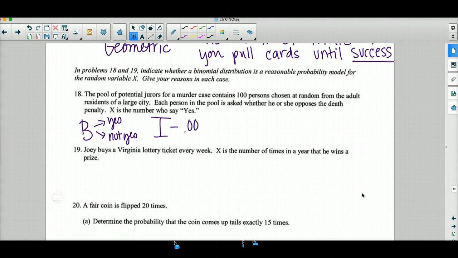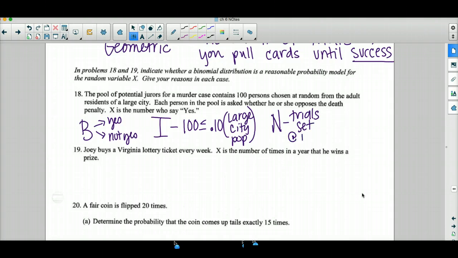Okay, but I am sampling from a population. Could you say that 100 is less than or equal to 0.10 times the large city? Right? We know that's true. And how many people am I pulling? So trials are set. And then S, do you have the same probability that each person will say yes the whole time?